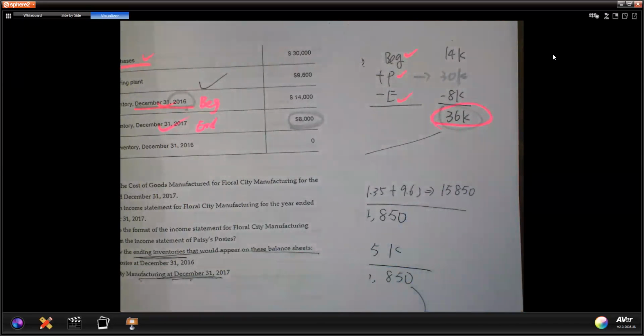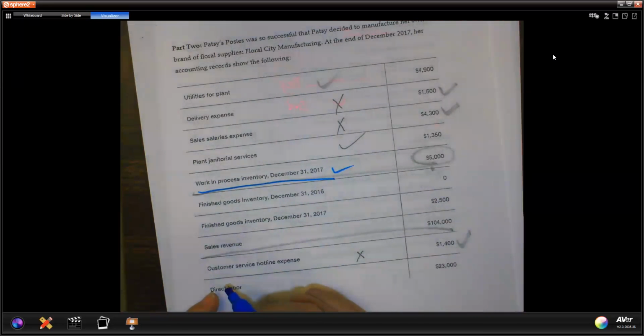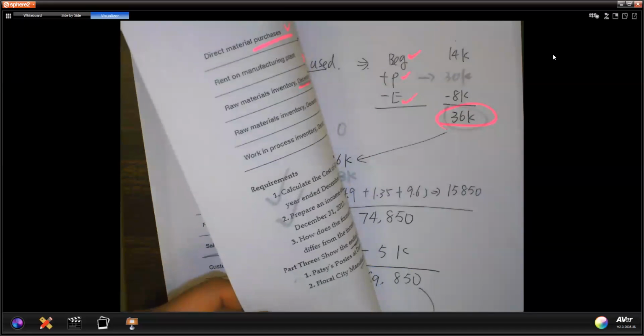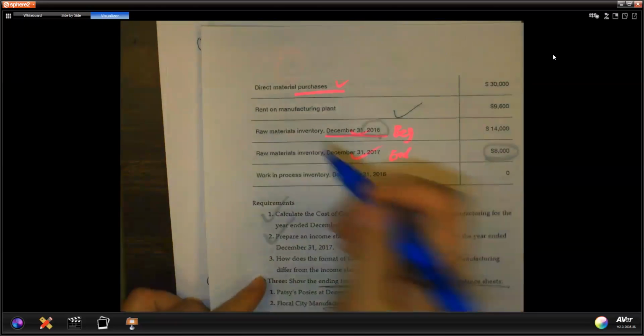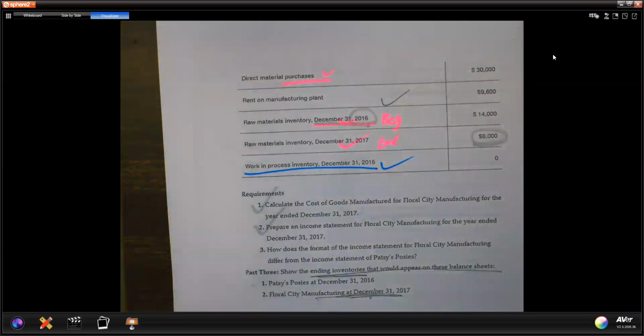The second step is cost of goods manufactured. How do we get that? We have to focus on our work in process. Work in process beginning, and then what else? Direct material used, right?